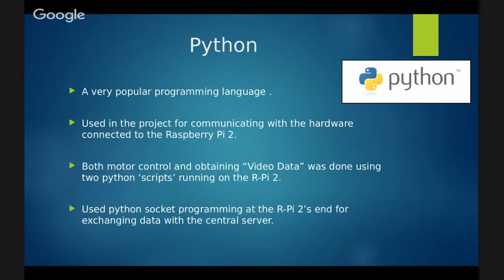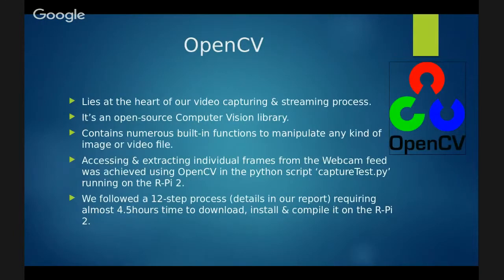Next is OpenCV. OpenCV is short for Open Source Computer Vision. It lies at the heart of our video capturing and streaming process. It contains numerous built-in functions for handling any kind of image or video file.